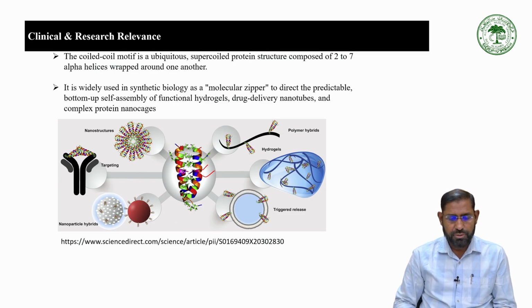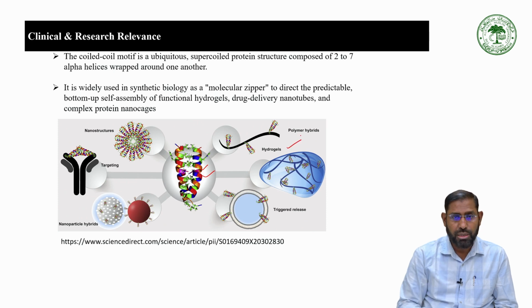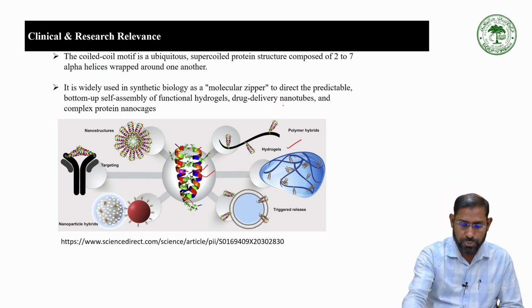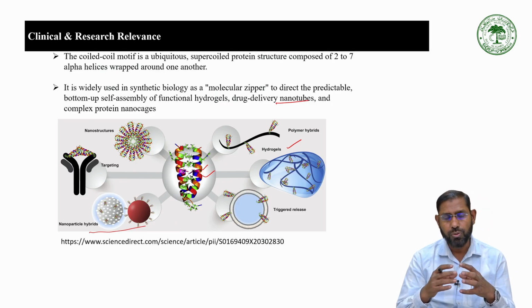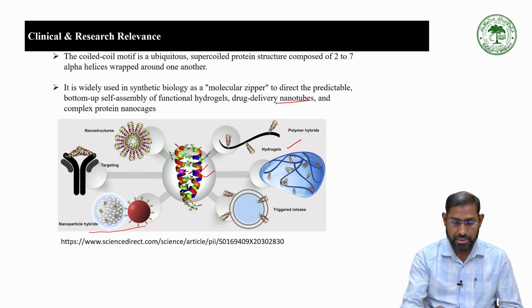It is widely used in synthetic biology as a molecular zipper to direct predictable bottom-up self-assembly into functional hydrogels. It also helps in drug delivery nanotubes, and we can use it for nanoparticle habits, meaning we can attach molecules or drugs to this coiled-coil motif and deliver the drugs, target different diseases, or release them inside the cells with the help of this coil structure.